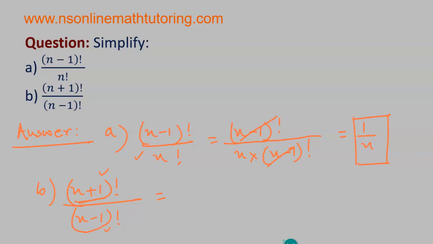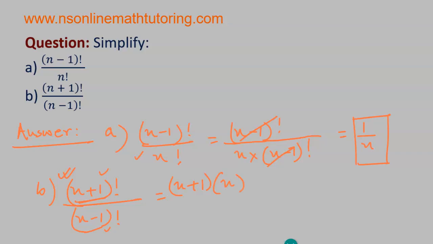So our target will be to express this n plus 1 factorial in terms of n-1 factorial. Since it is n plus 1 factorial, the first factor will obviously be equal to n plus 1, and then the numbers will just go on decreasing in steps of 1. So we start with n plus 1, then it will be n plus 1 minus 1, that is n.